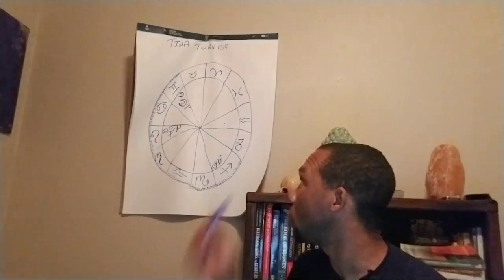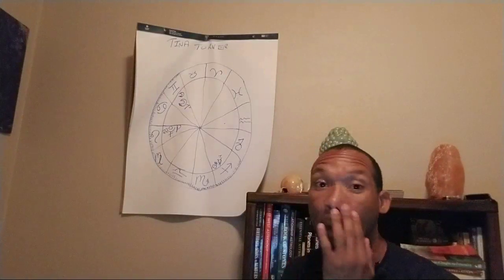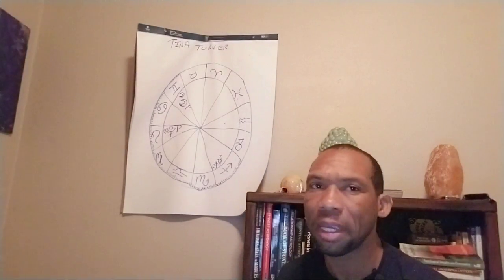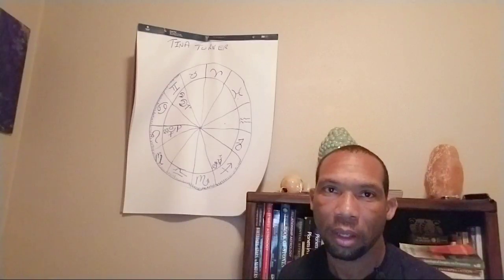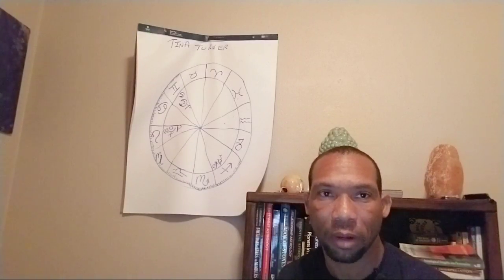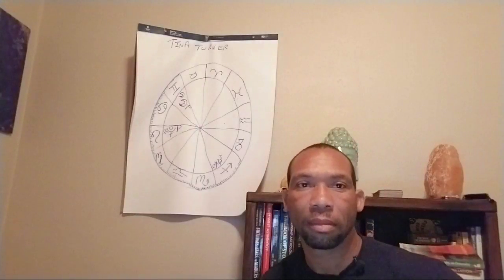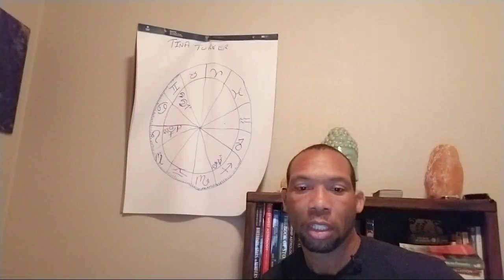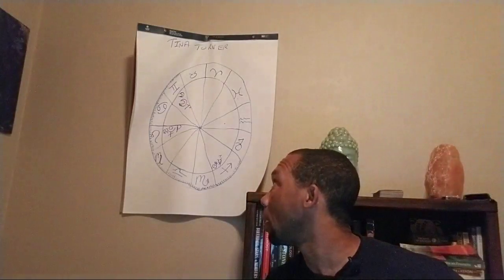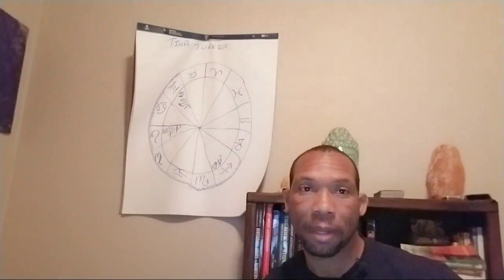So let's use this. Her moon is sextile Pluto. And by looking at sextile Pluto, let me give you an example. Sextiles are soft aspects.